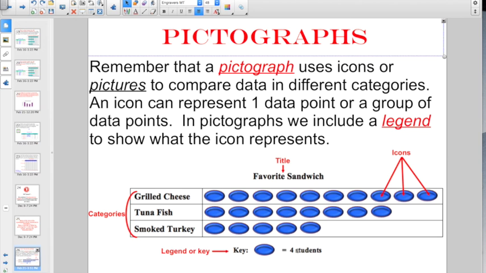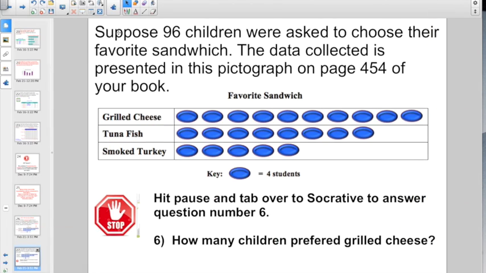What's 10 times 4? It's about that easy. So here they're saying, suppose 96 children were asked to choose their favorite sandwich. The data collected is presented in this pictograph on page 454 of your book.